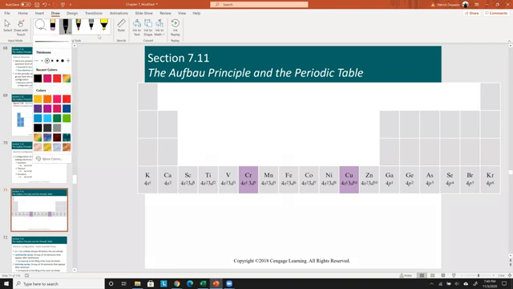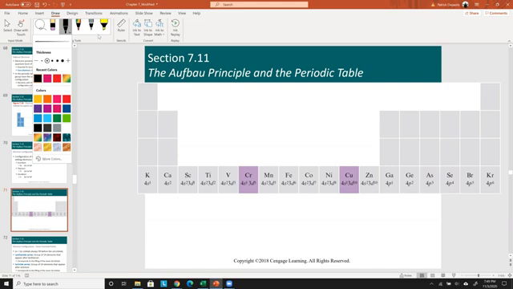Potassium, 4s1 is the configuration for the valence electrons. That makes sense. Calcium, 4s2, that makes sense. Scandium, 4s2, 3d1, that makes sense. Titanium, 4s2, 3d2, that makes sense. Vanadium, 4s2, 3d3, that makes sense.